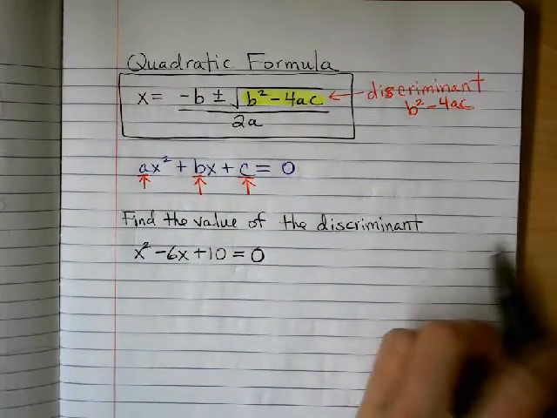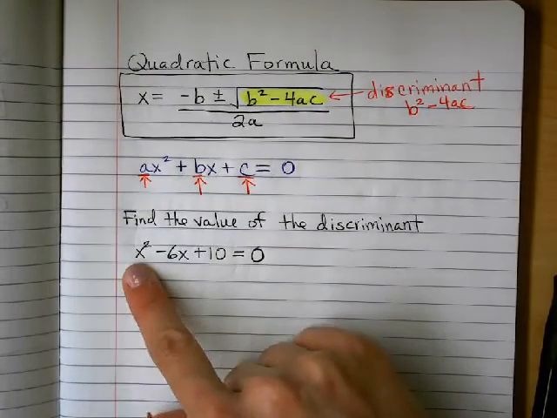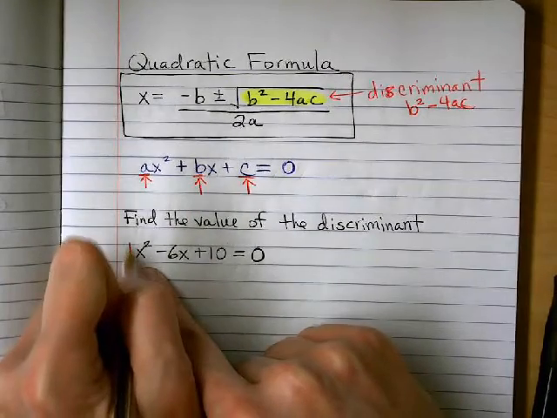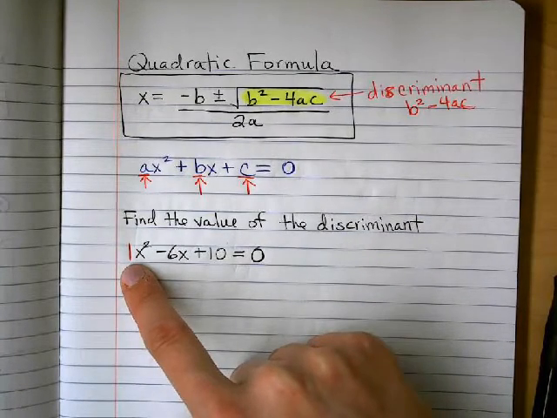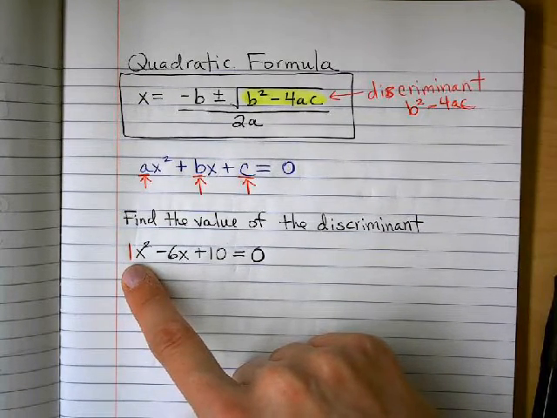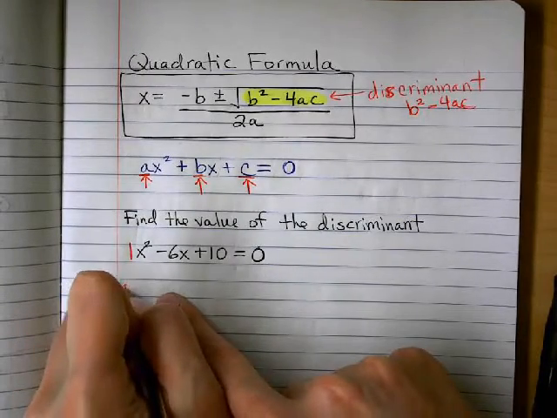Okay, so in this problem, in the front of the problem, it just says x squared. Isn't that 1x squared? I mean, if you don't see a number in front of something, isn't it 1? So when I look at this, I think A equals 1.